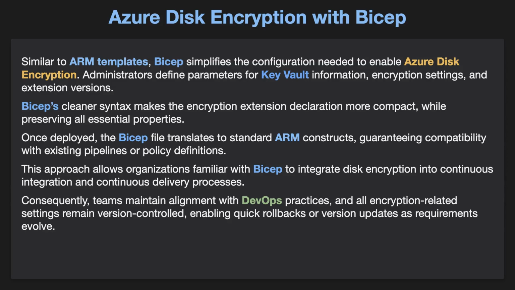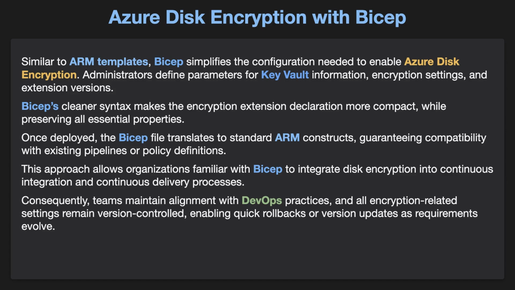Similar to ARM templates, Bicep simplifies the configuration needed to enable Azure Disk Encryption. Administrators define parameters for Key Vault information, encryption settings, and extension versions. Bicep's cleaner syntax makes the encryption extension declaration more compact, while preserving all essential properties.